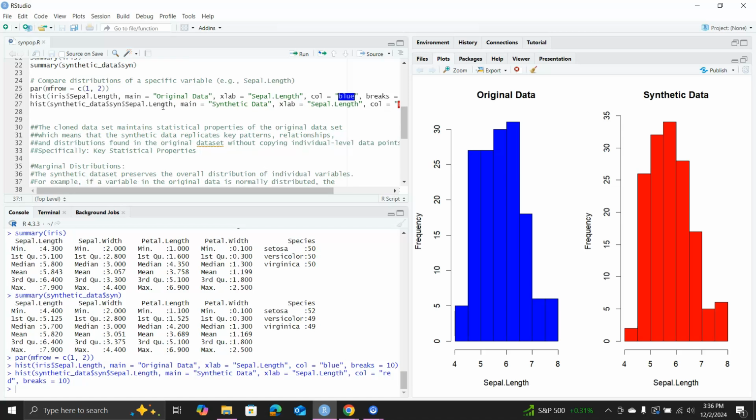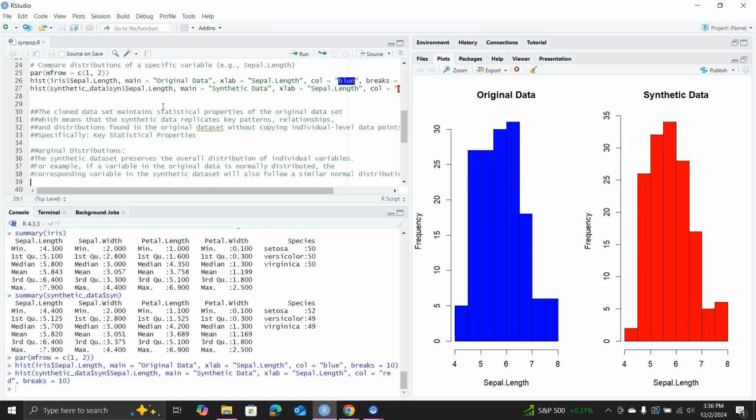For example, the marginal distribution: the synthetic data set preserves the overall distribution of individual variables. If a variable in the original data is normally distributed, the corresponding variable in the synthetic data set will also follow a similar normal distribution.